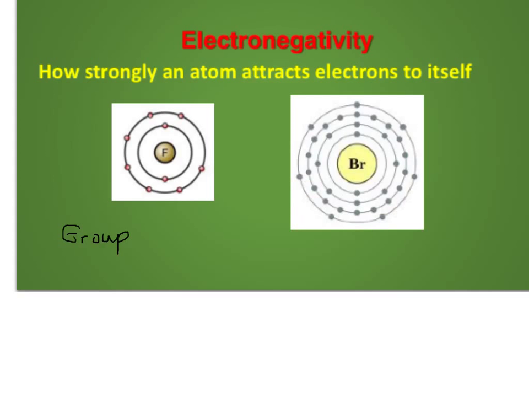Now, remember, it all has to do with attraction. So what factors do you think are going to affect this? Firstly, look at the number of energy levels. If the number of energy levels increases, then one factor will be the distance from the nucleus. And as the distance from the nucleus increases, we also have to look at the shielding effect.